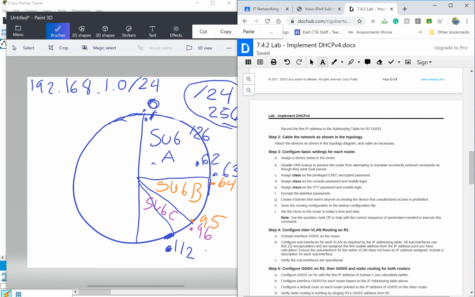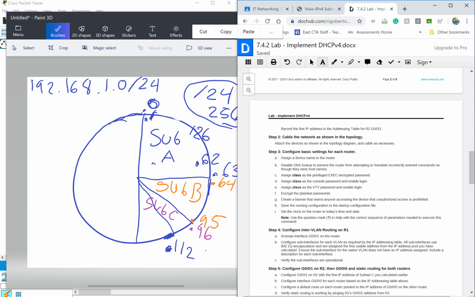It's not really something that I have to do on this. This is just basic stuff that you should already know. You guys need to practice this. When it says assign a device name to a router, you should know that it's hostname and then the hostname that you want to give the router. Disable DNS lookup is no ip domain-lookup. Assign class as the privileged EXEC mode, right?